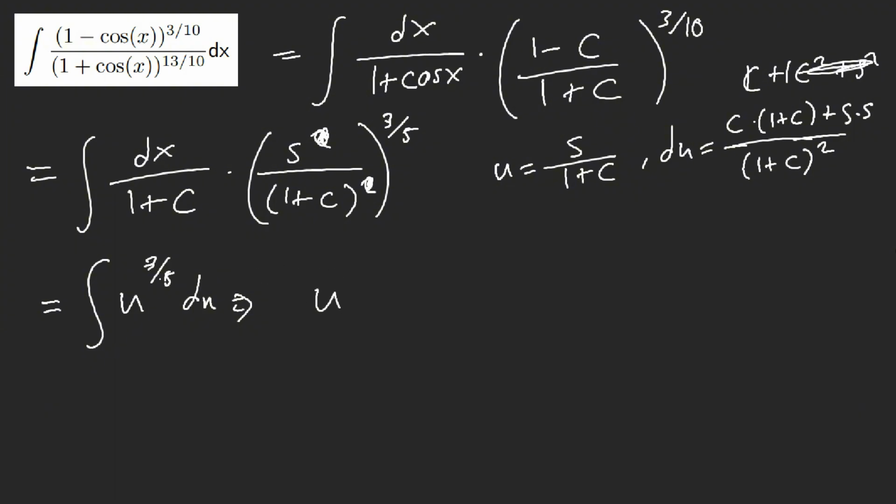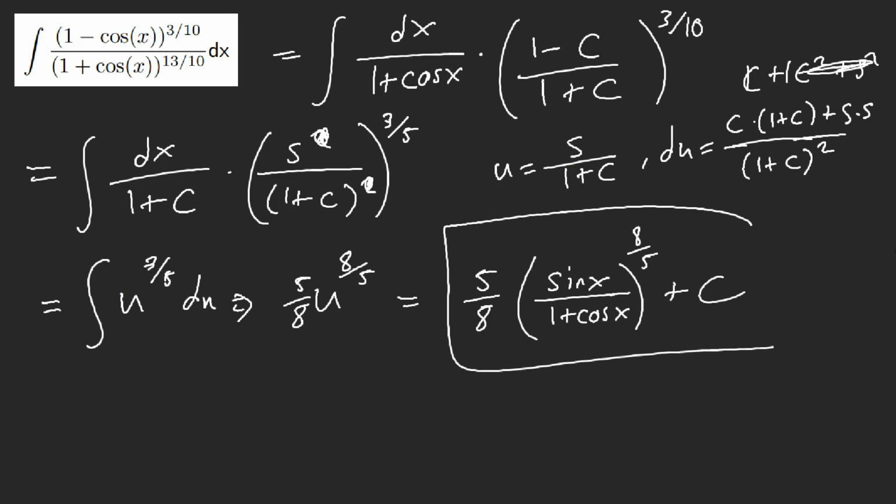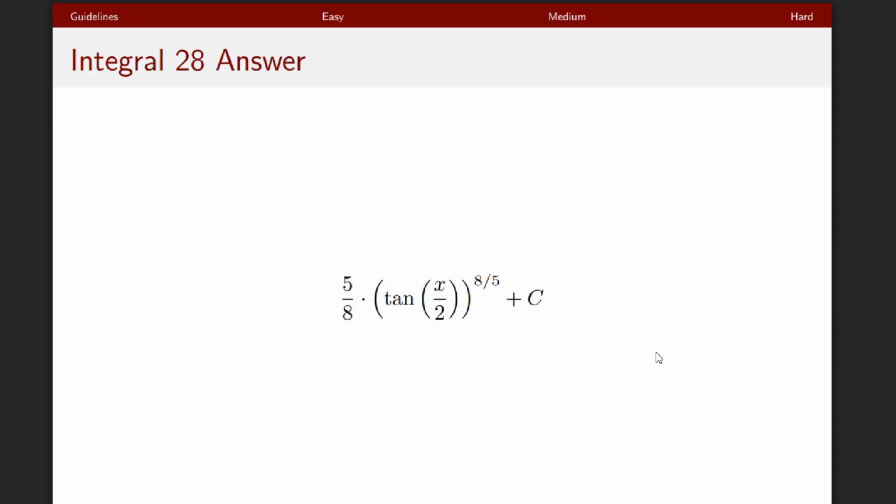This is now plus 1, 8/5, 5/8. So now this is 5/8 of u, sine of x, 1 plus cosine of x. Oh my god. I cannot believe I solved this. That's crazy.